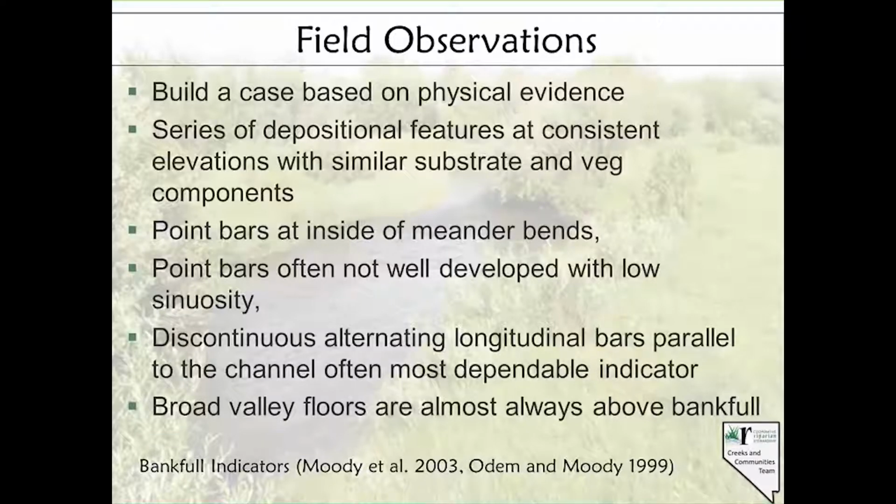But if you start seeing some that are 6 inches off the water, some that are a foot off the water, some that are 2 feet off the water, then you've got different things going on there, and you want to find that consistent feature throughout the reach.